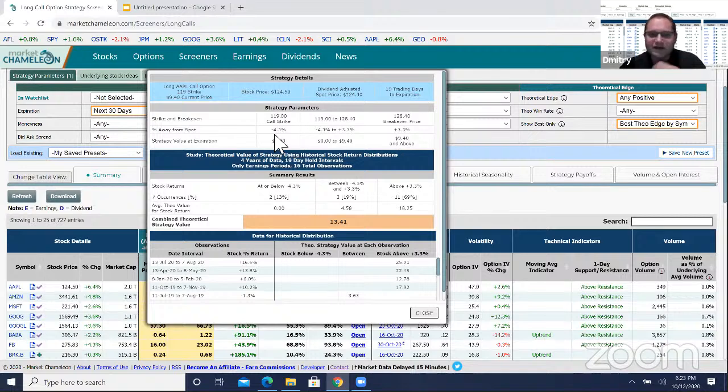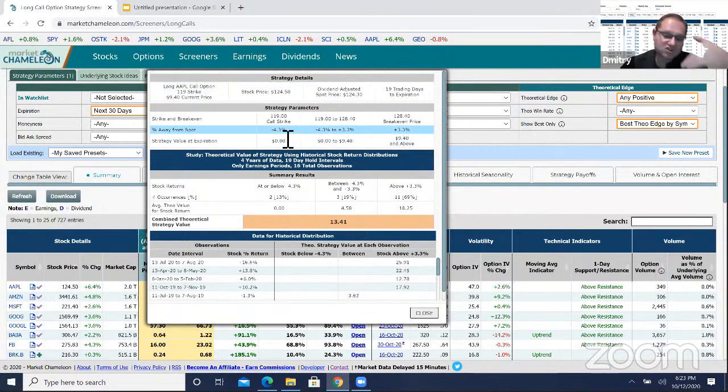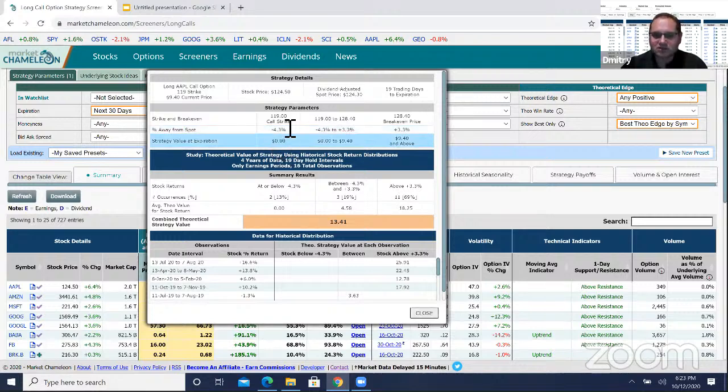So this is what we know: if the stock is below 119, that means this stock is down negative 4.3% or more from today's price, 124.30. If it falls by negative 4.3% or more at expiration, this call is worthless. It's zero because the stock will be below 119.